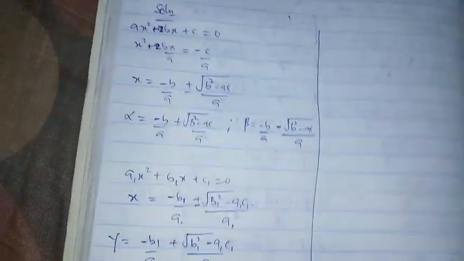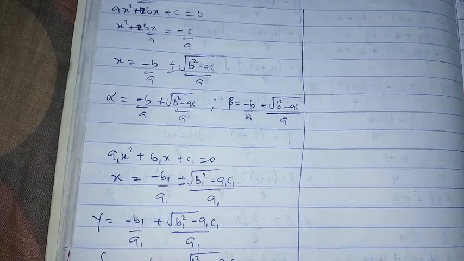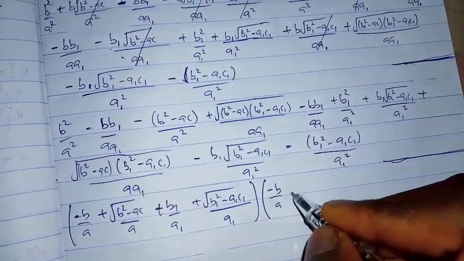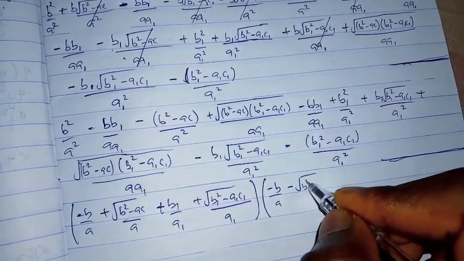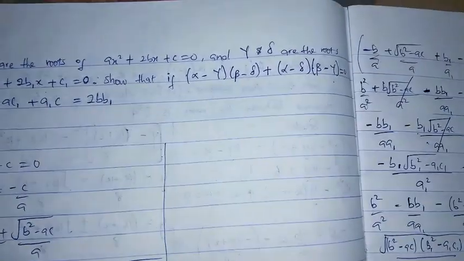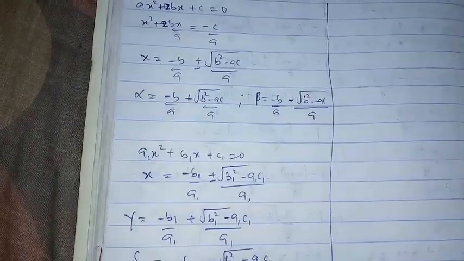Now my beta is what? My beta is minus b over a minus the square root of b squared minus ac over a, then minus gamma. My gamma is what? Minus b1 over a1.